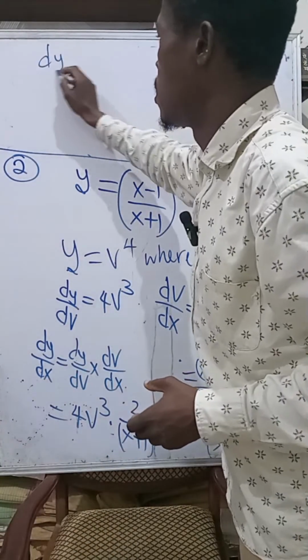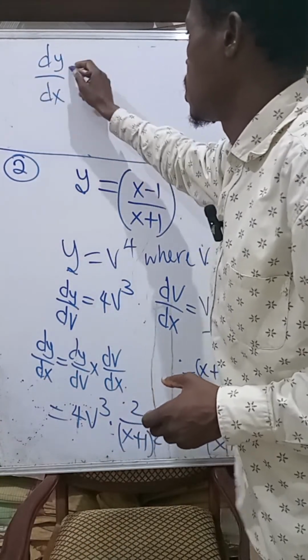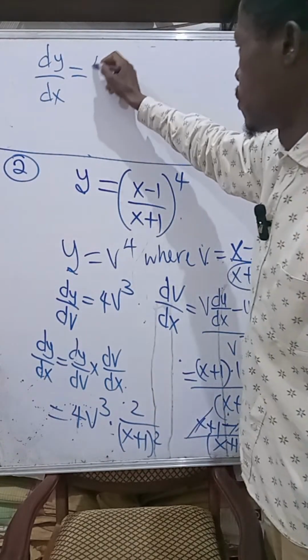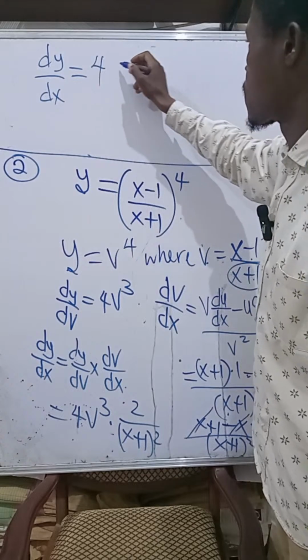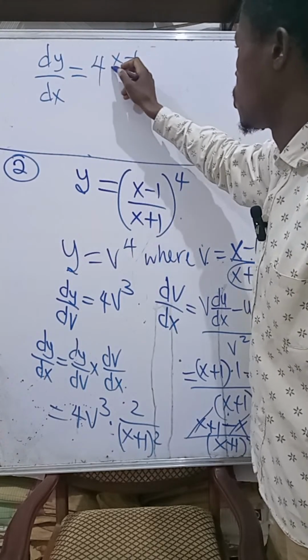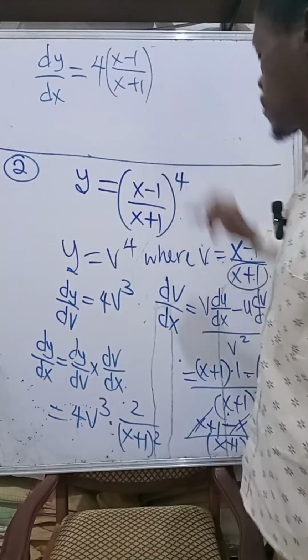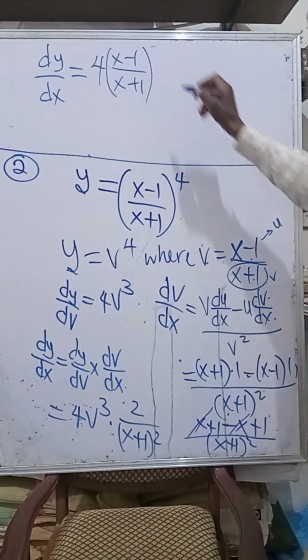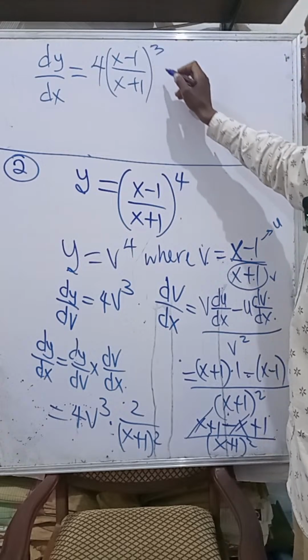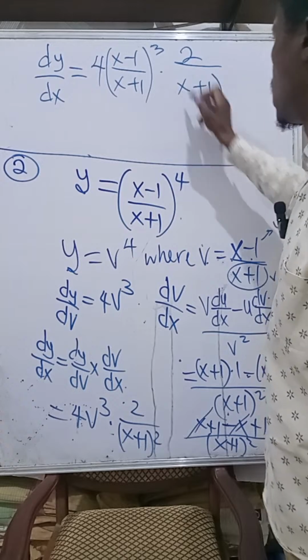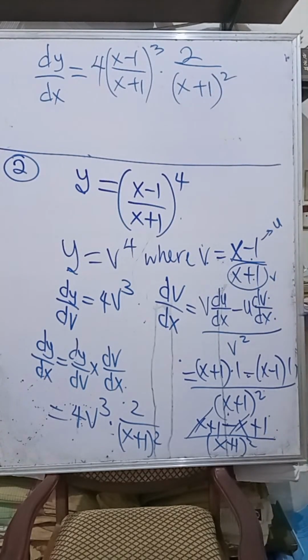So dy/dx is equal to 4 times v, which is x minus 1 over x plus 1, all to power 3, times 2 over (x plus 1) squared.